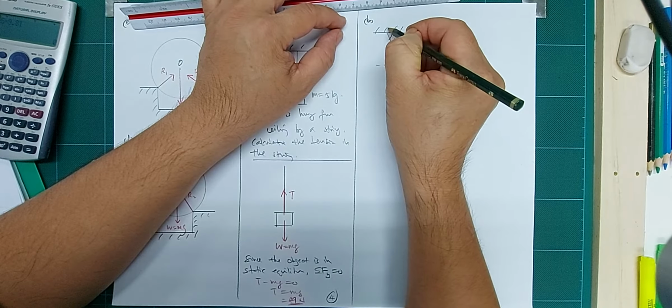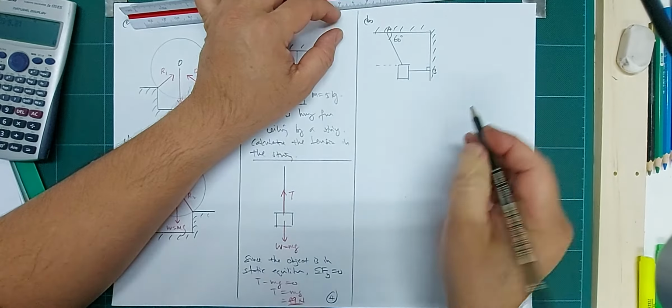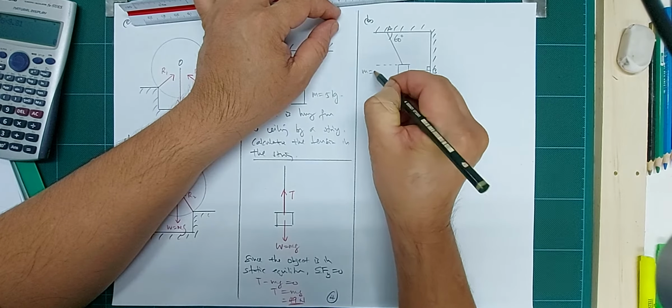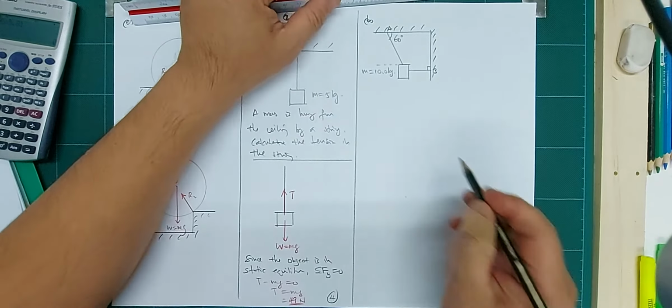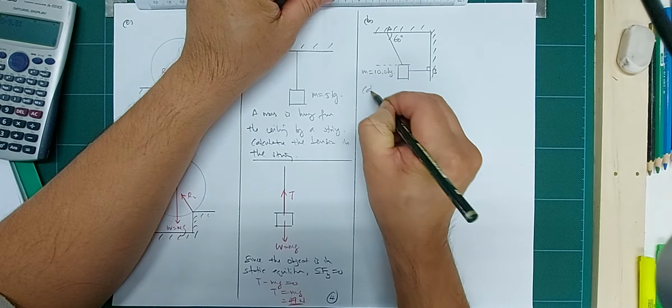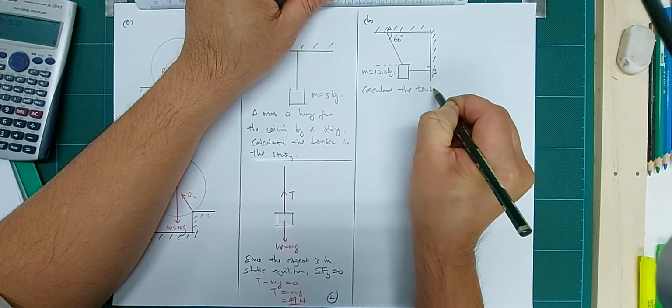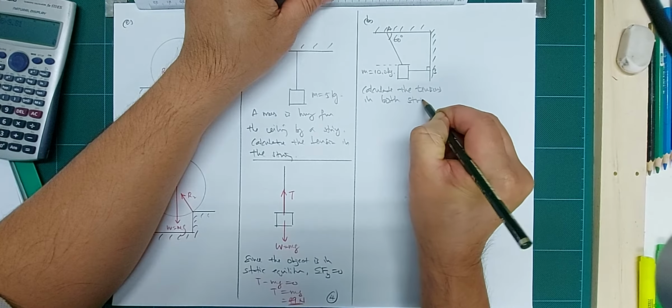This point here is called A. This point here is called B, so we can refer to them. Now the mass of the object is, let's say, 10.0 kilogram. The question is to calculate the tensions in both strings.